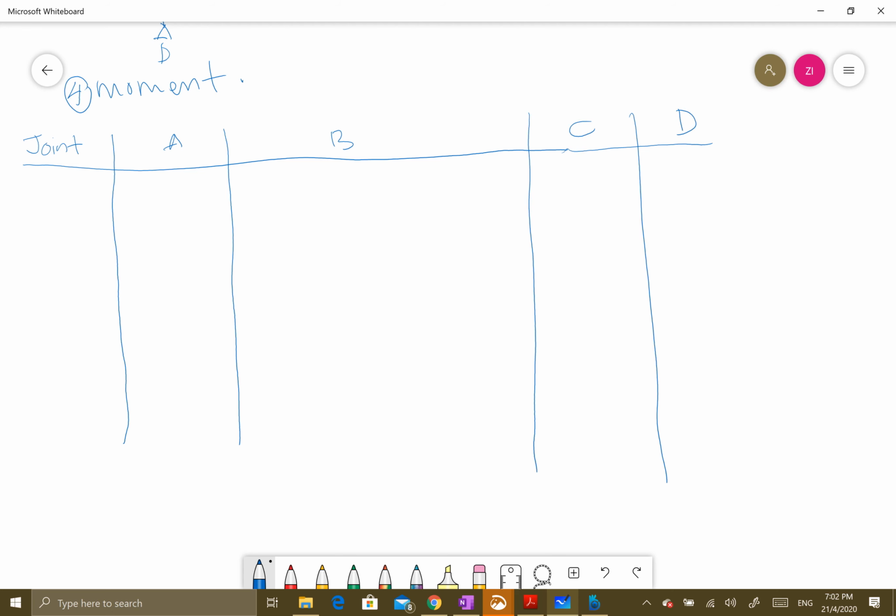Okay, so member we have A, B, and then for B we have 3 members. So BA, BC. I want to put BC here because it's next to CB. So BD is here. Right?